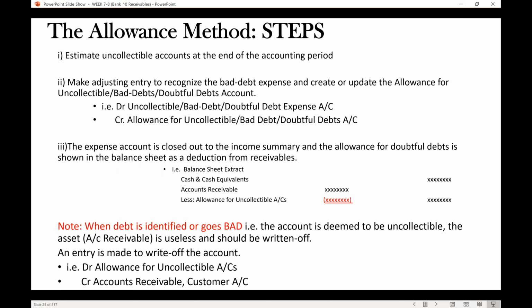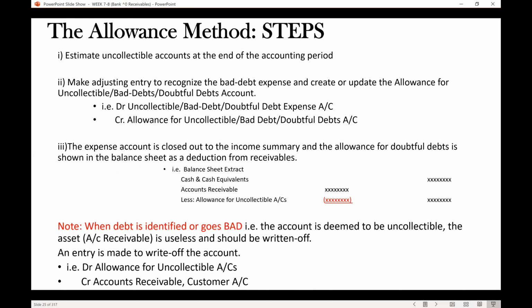In this case, we're actually creating an allowance. We're not updating it because we don't have any prior information. It says all accounts had zero balance, so there's nothing to update, but we're creating it. And by doing that, we debit our expense account and credit our allowance.